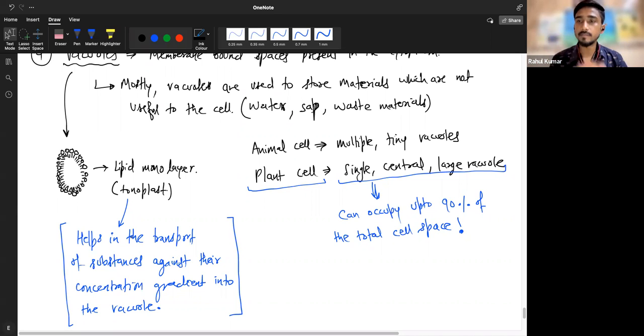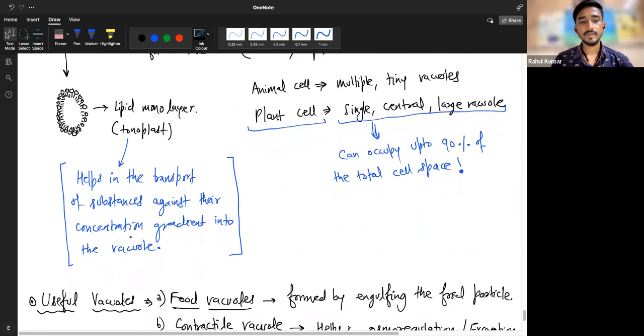That movement is still possible against the concentration gradient. Otherwise, normally it would have come out of the vacuole, because once there is a balance of concentration inside and outside, the motion stops, and wherever the concentration rises, motion happens in that direction, normally through diffusion. But here it's not happening because vacuoles are special.